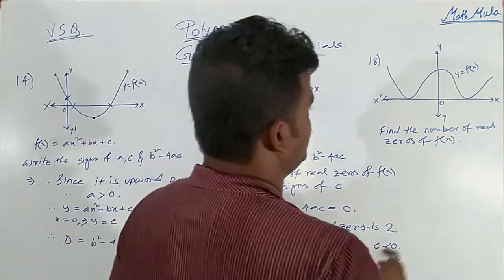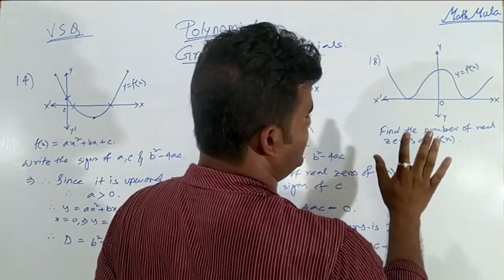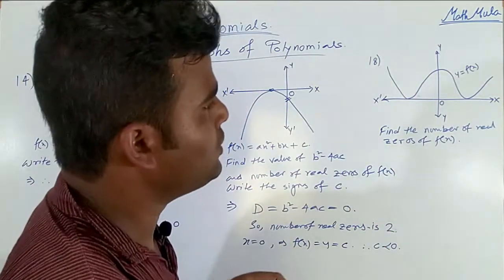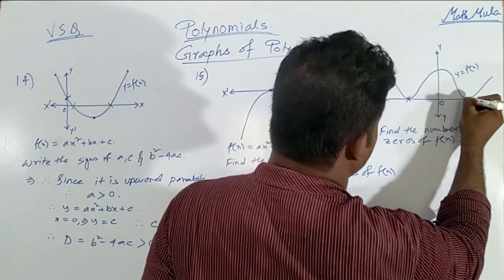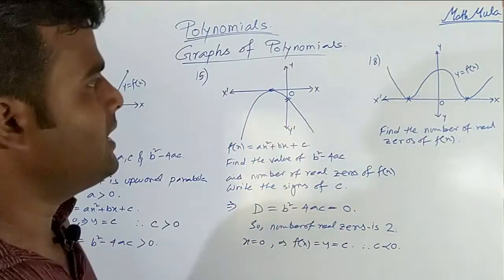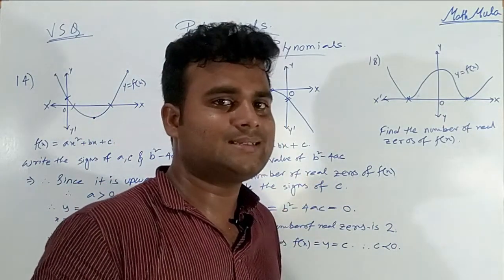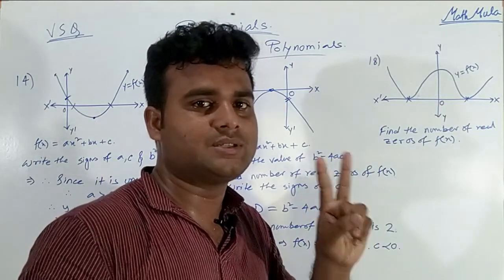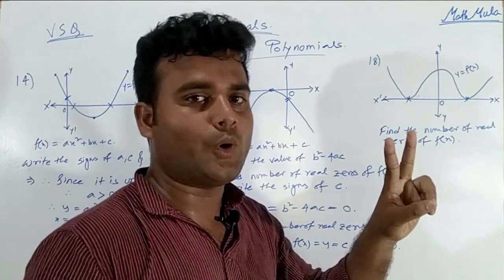Okay, and go to sum number 18. The given graph is this, and we have to find out the number of real zeros of f of x. Okay, now look at this graph. The graph touches the x-axis at 2 points, and we know when a curve touches the x-axis at some point, that means there exist two equal zeros, and this curve touches the x-axis at 2 points.